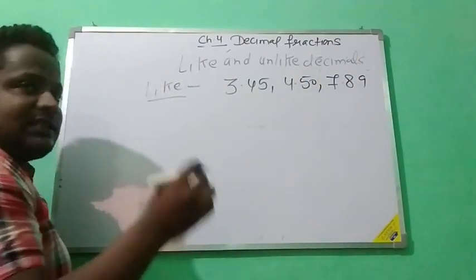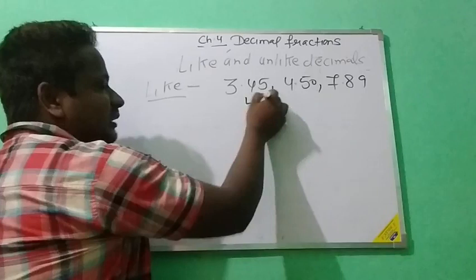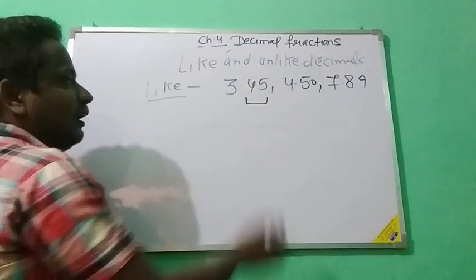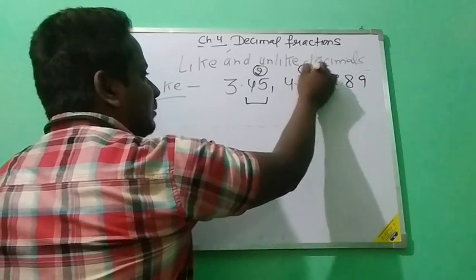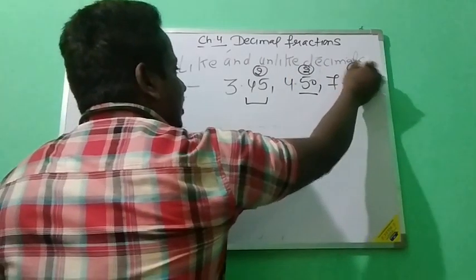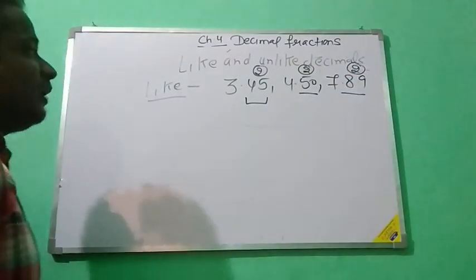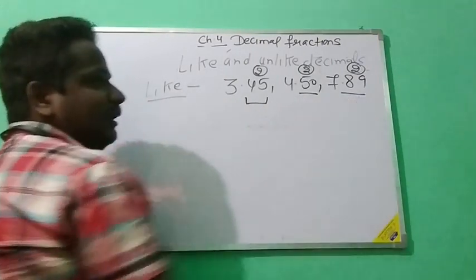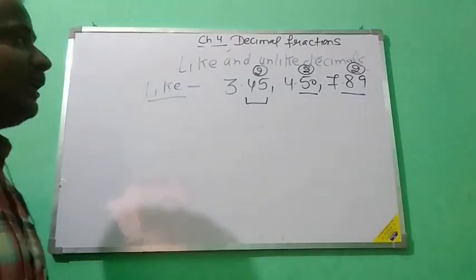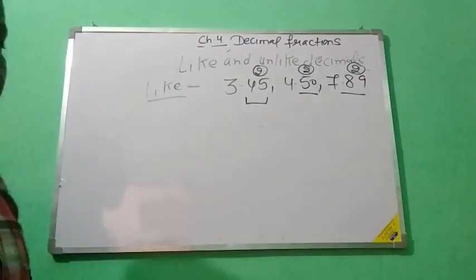Decimal places are those digits which are written after the decimal. Here you have 2 decimal places, here you also have 2 decimal places, and here you also have 2 decimal places. So if the decimal places are the same in all the decimal numbers, they are called like decimals.